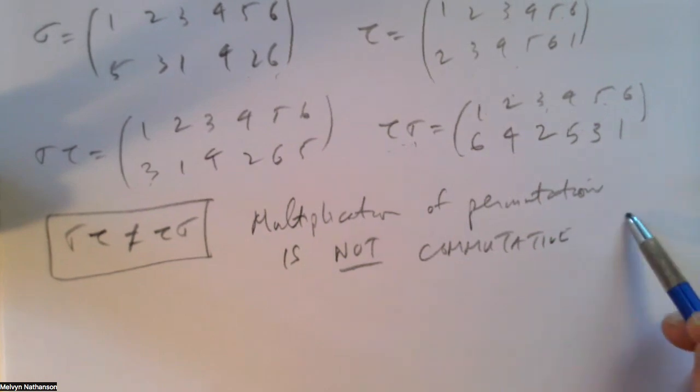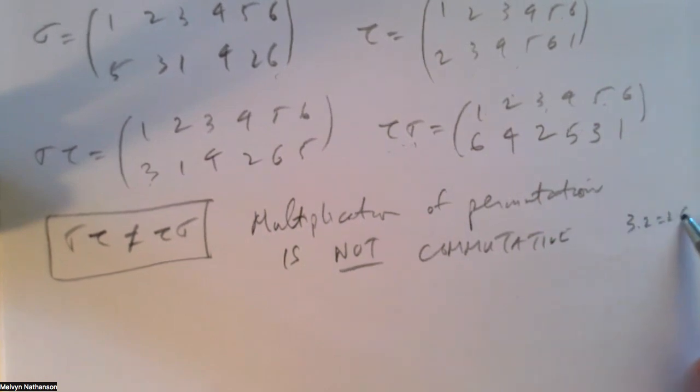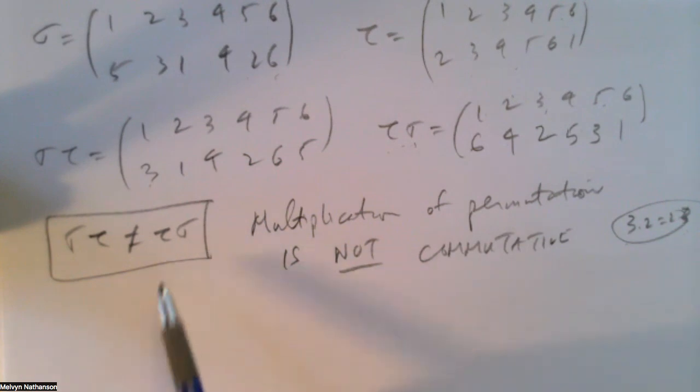If you have numbers, 3 times 2 equals 2 times 3. Multiplication of numbers is commutative, but multiplication of permutations is not. It may happen in special cases, but in general, it's not true. So if you're solving a problem in algebra and you have sigma tau, you cannot replace it with tau sigma.